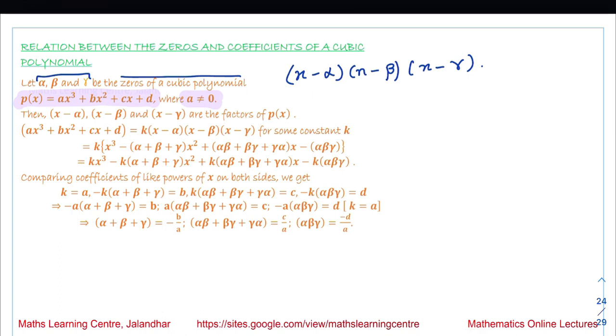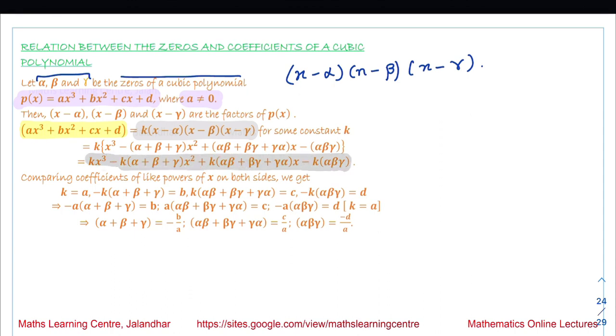Again, as we have done in the previous case, we multiply these three terms and equate the coefficients on both sides. The polynomial we have is ax cube plus bx square plus cx plus d, and this side is k times (x minus alpha)(x minus beta)(x minus gamma). We multiply these terms and obtain this cubic polynomial.